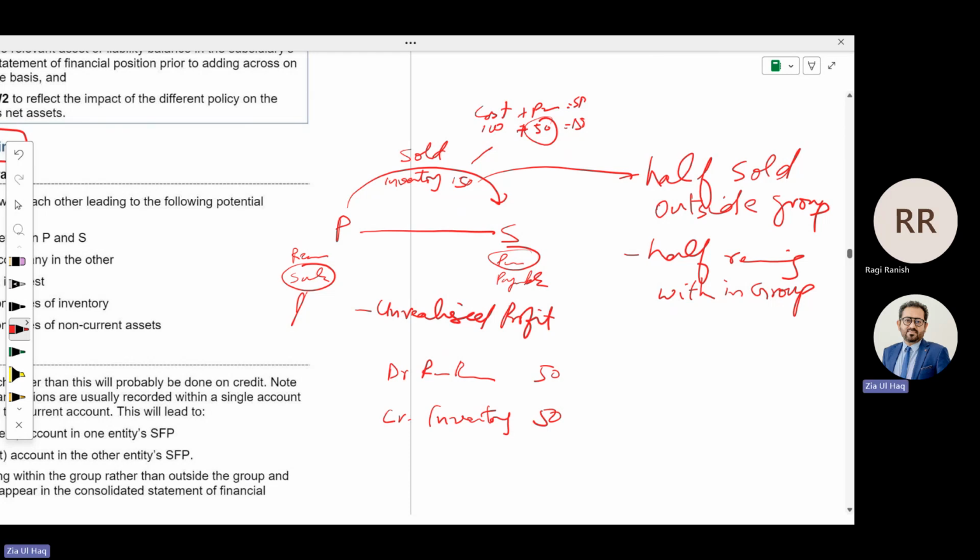If nothing sold outside, the complete inventory is where? In your home. The complete inventory profit part, meaning 50, is unrealized. That you need to eliminate.